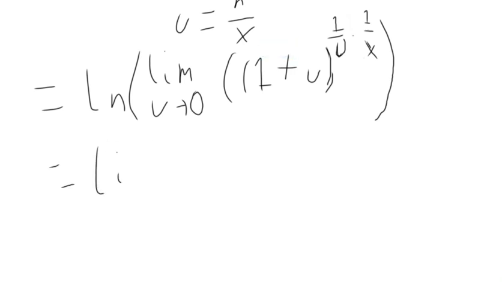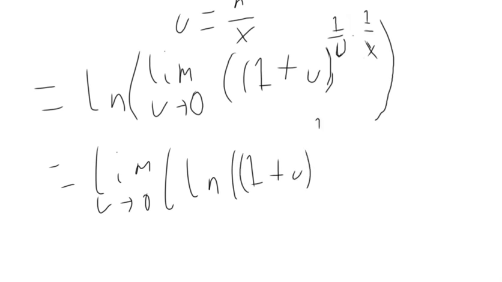So this will be the limit as u goes to 0 of the natural log of 1 plus u to the 1 over u, to the 1 over x. Well, actually, 1 over x is still right here.